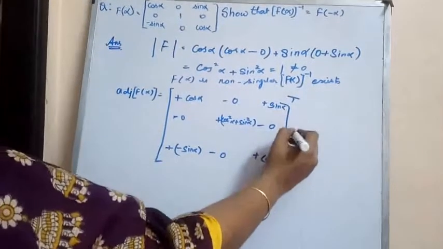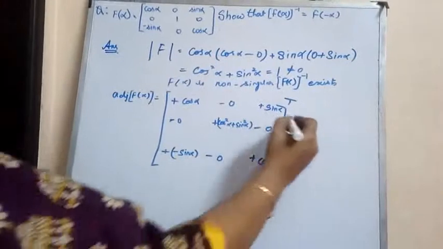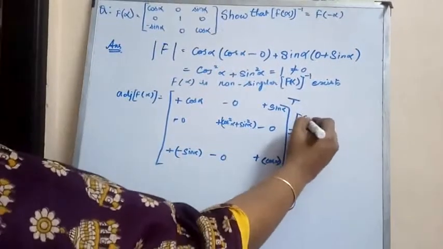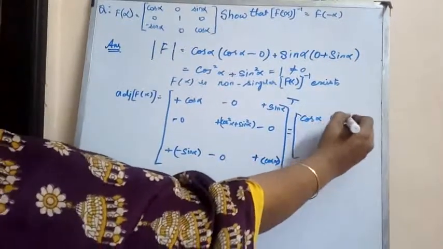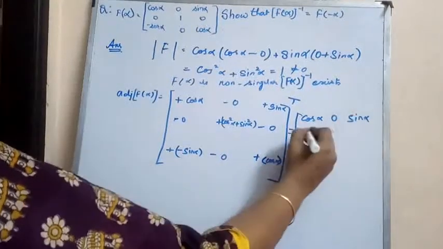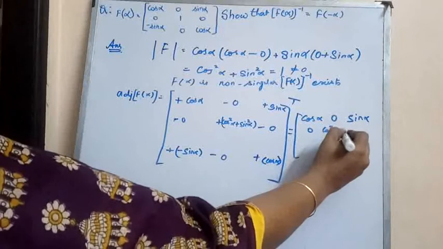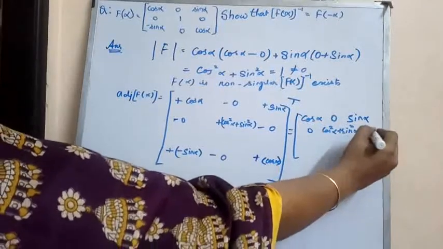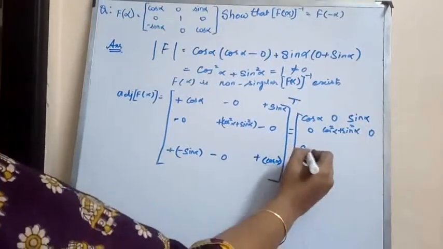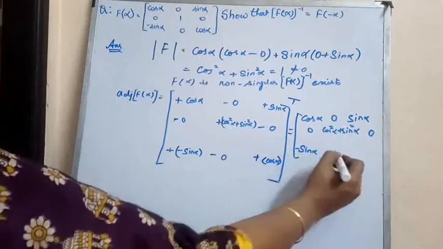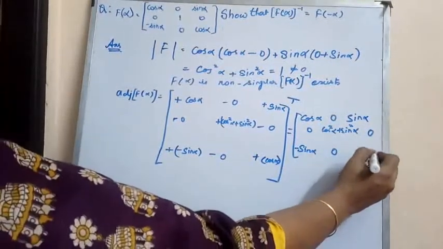So the transpose of this is the adjoint of f. So we'll simplify it and write. So cos alpha 0, sine alpha, here 0, cos squared alpha plus sine squared alpha, here 0, minus sine alpha, 0, cos alpha.